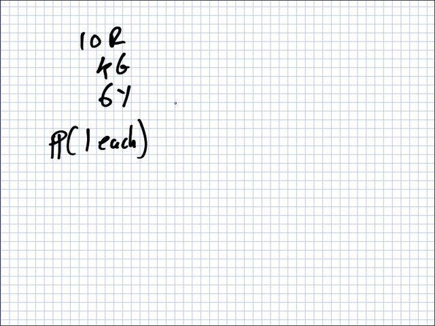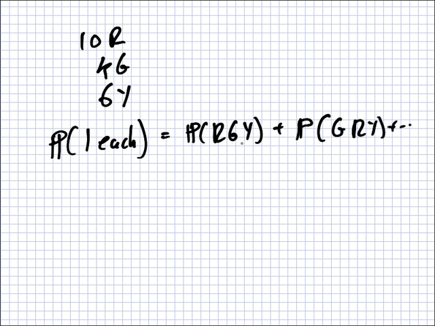So there are 6 outcomes. You could think of it as the probability of getting red, green, yellow, plus the probability of yellow, green, red, and so on. But you realise each of these will be the same answer. When you calculate this one, it would be 10 over 20 times 4 over 19 times 6 over 18.